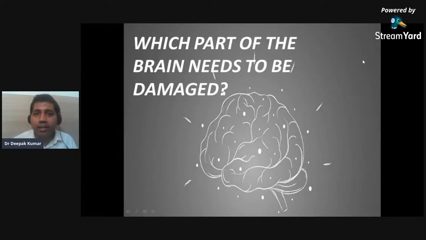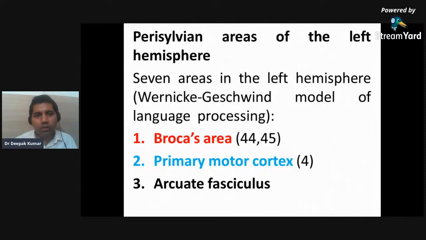There was another section highlighted in the definition, the brain damage. So let's look at what area of the brain needs to be damaged so that the patient develops aphasia. The words you need to remember are the perisylvian areas of the left cerebral hemisphere.